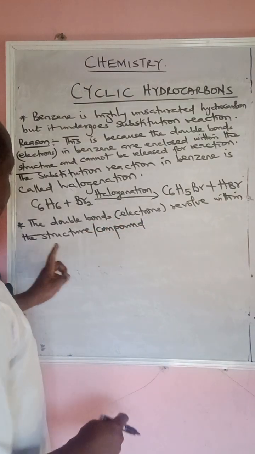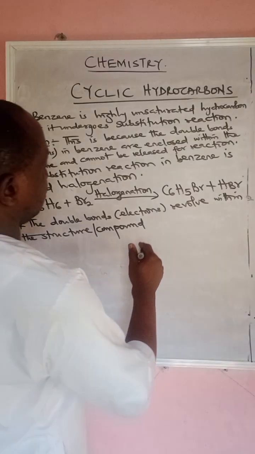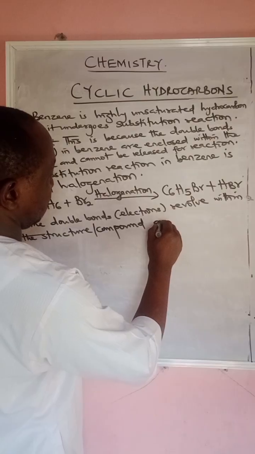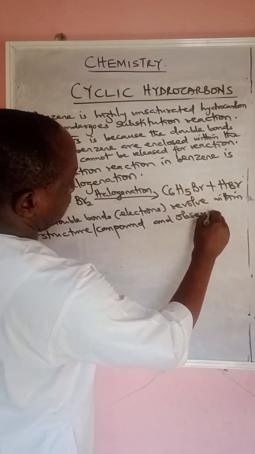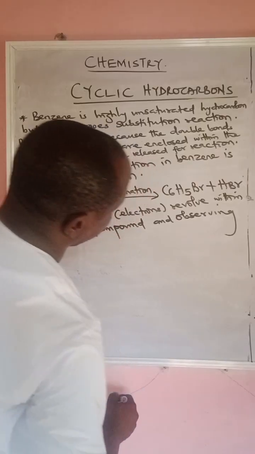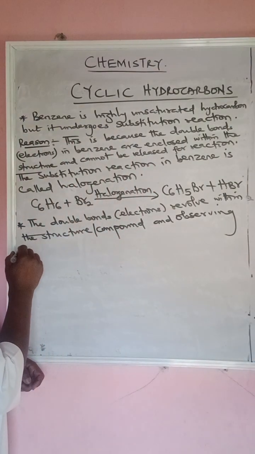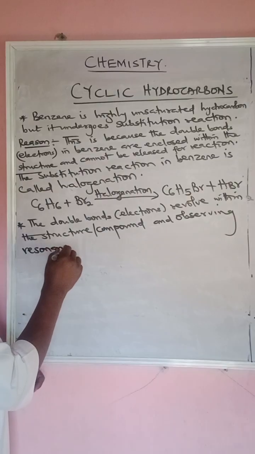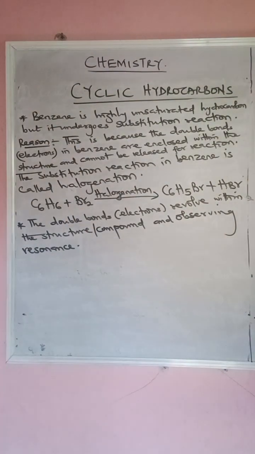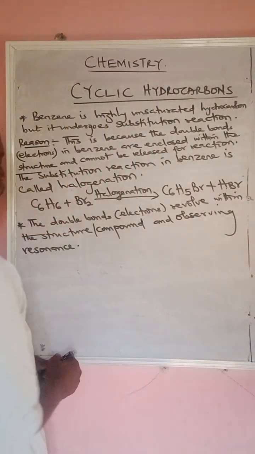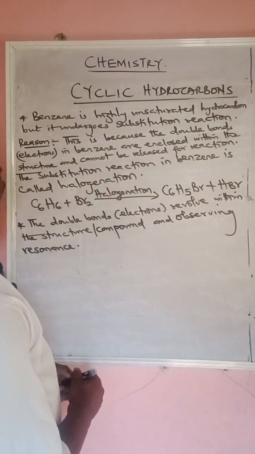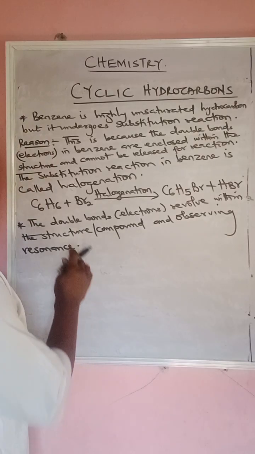The double bonds or electrons revolve within the structure or compound, observing resonance.